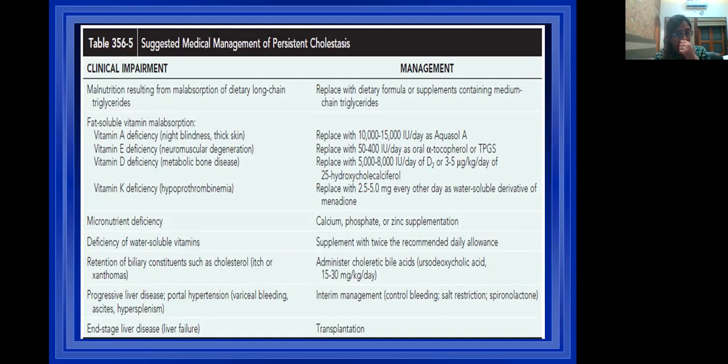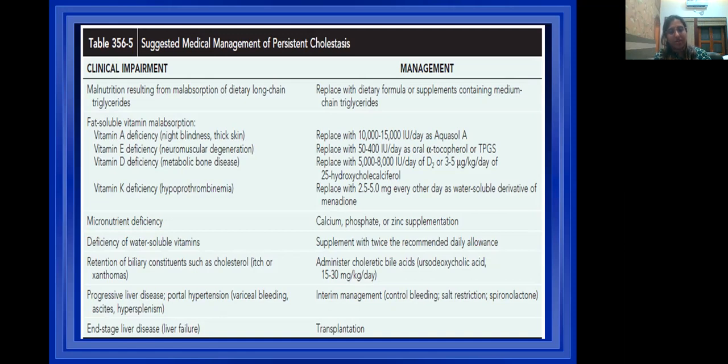Vitamin E, for which the deficiency can cause neuromuscular degeneration, that's tocopherol. So replace with 50 to 400 international units per day of oral tocopherol or TPGS. And vitamin D deficiency will cause metabolic bone disease or rickets, osteopenia, and therefore we have to replace that with 5,000 to 8,000 international units per day of D2, or 3 to 5 mcg per kg per day of 25-hydroxycholecalciferol.